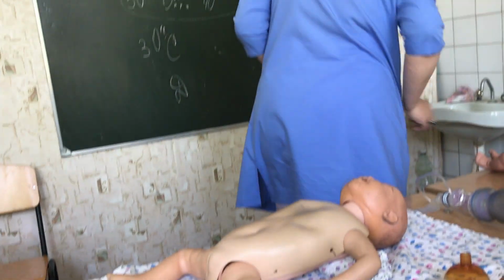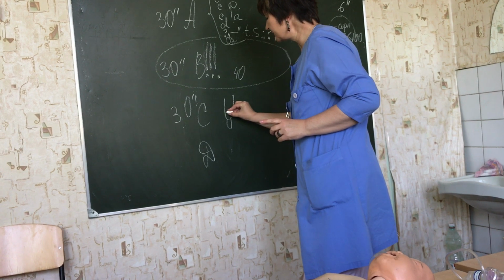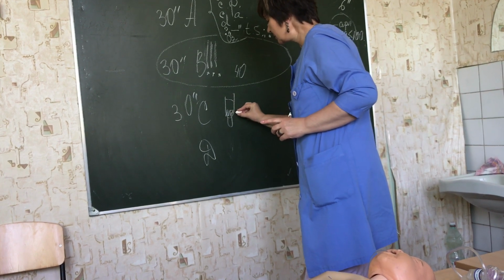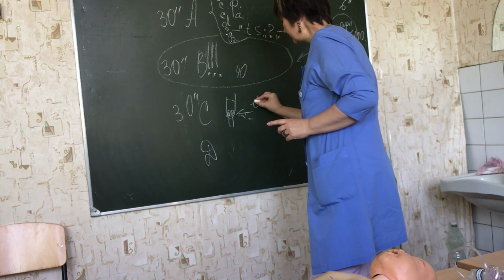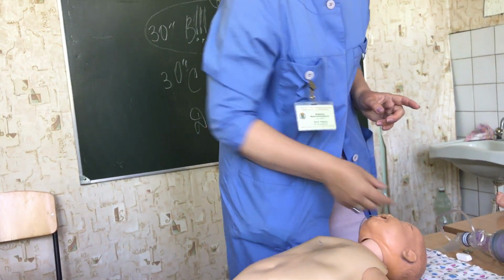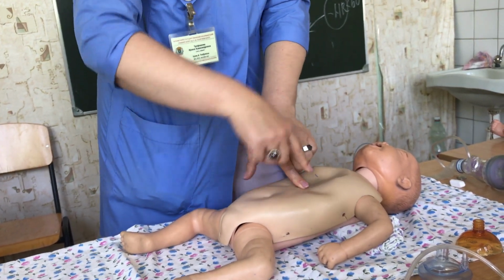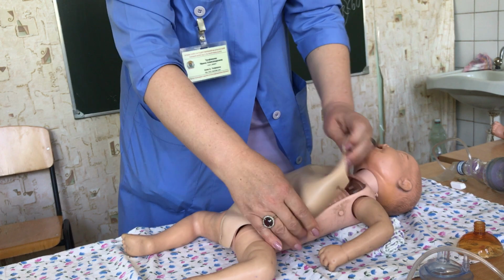You do pressure. If this is the sternum and this is the processus xiphoideus, you do pressure on the lower third of the sternum. Now I fix with the processus xiphoideus here and do pressure on this part, the lower third.